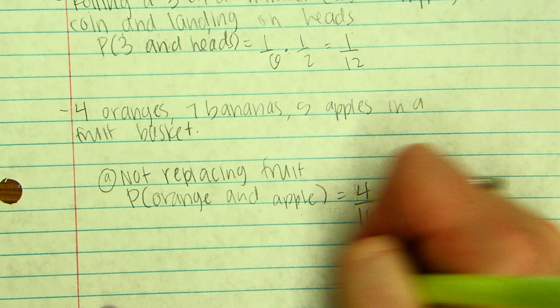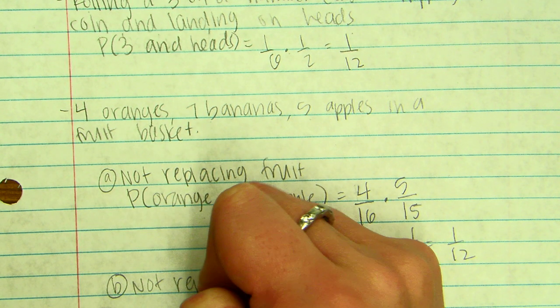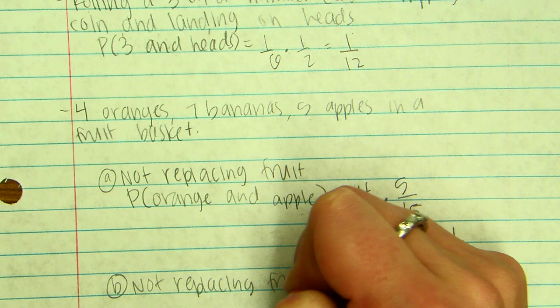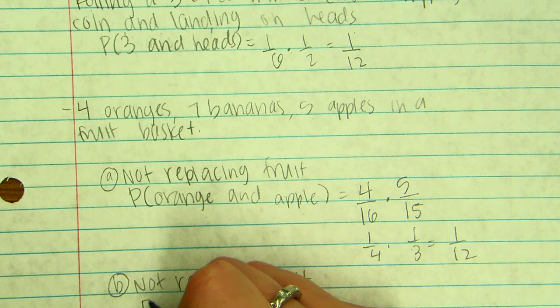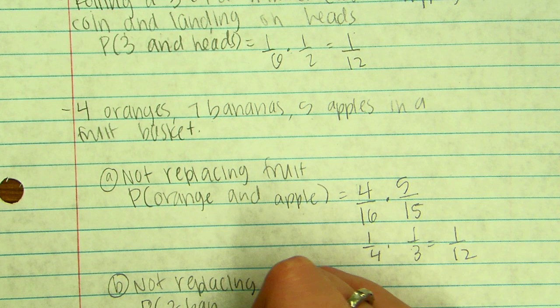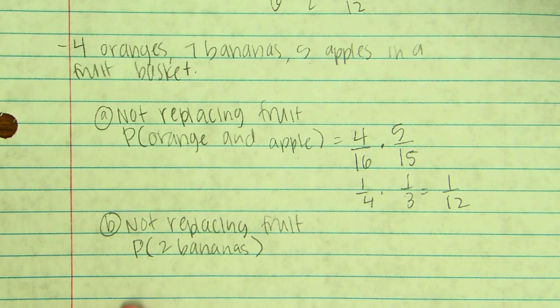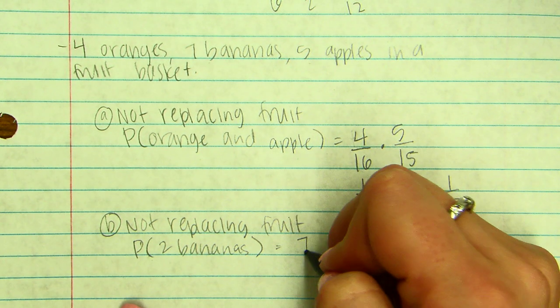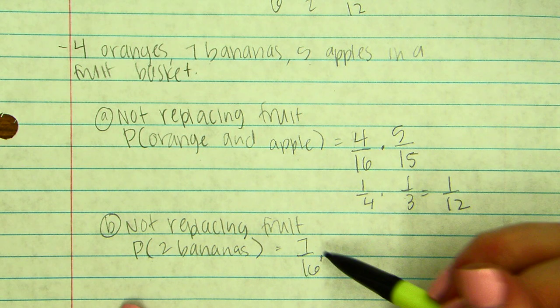Now what if we're still not replacing fruit after we draw it out? What's the probability of getting 2 bananas? What's the probability of the first banana being drawn out? Well, that would be 7 out of 16. Now, this is a dependent event because the probability of picking a banana changes for the second draw based on what I got in the first draw.